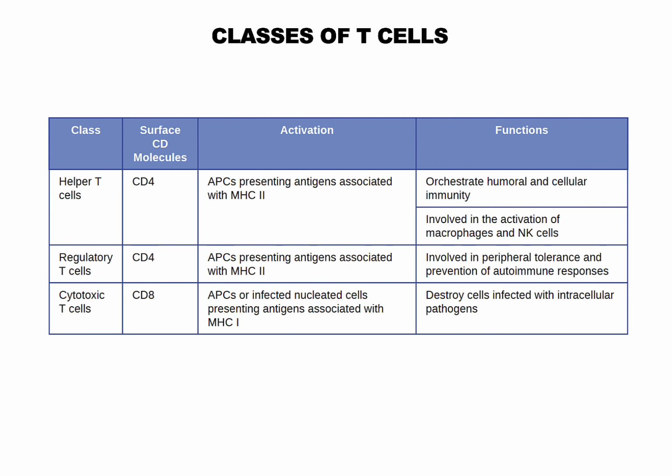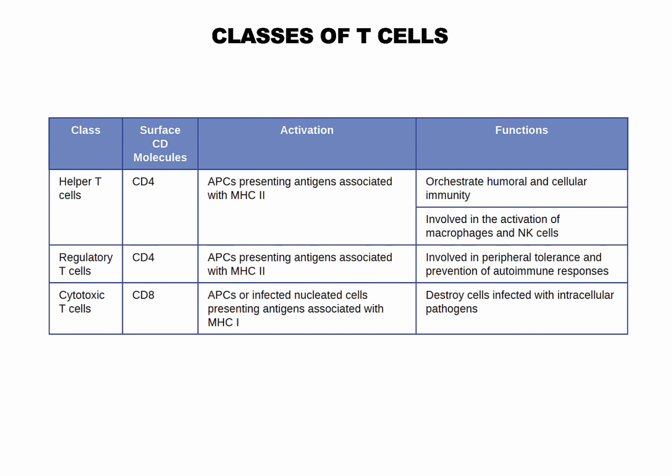Helper T cells and regulatory T cells are distinguished by the presence of CD4, while cytotoxic T cells are marked by CD8. This distinction is crucial for understanding their respective functions in the immune system. The activation of the T cells also relies on the interaction of the major histocompatibility complex molecules and antigen-presenting cells.